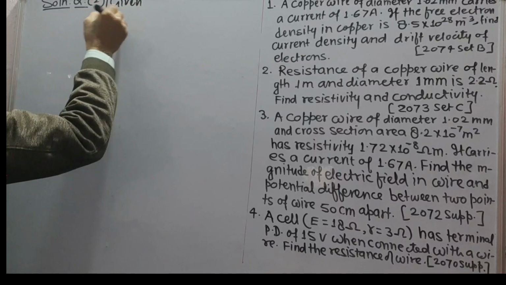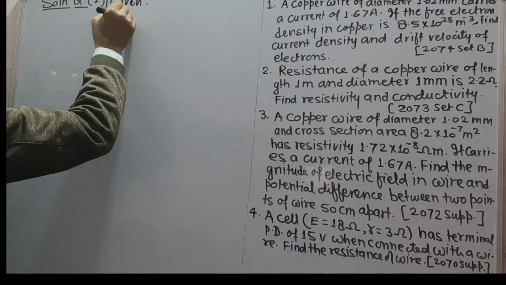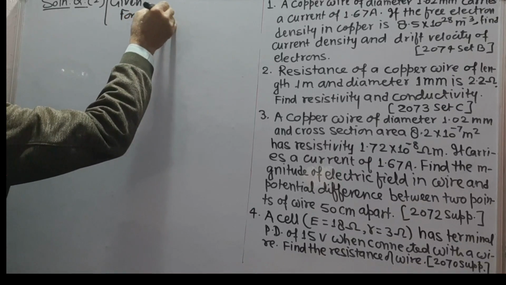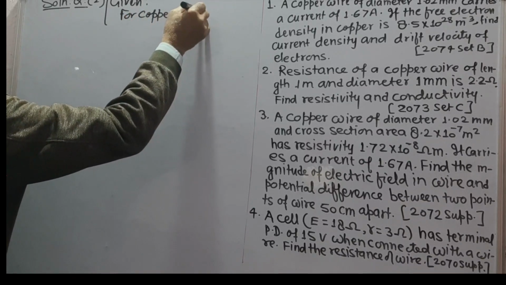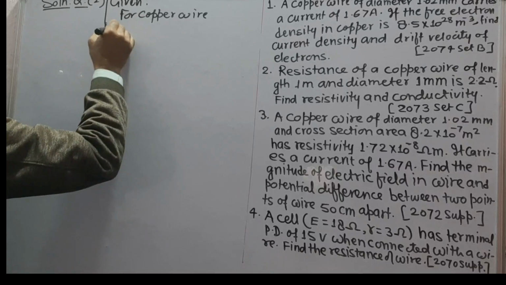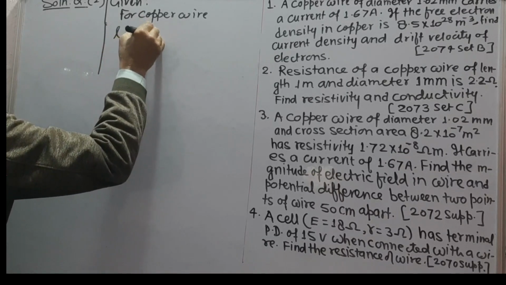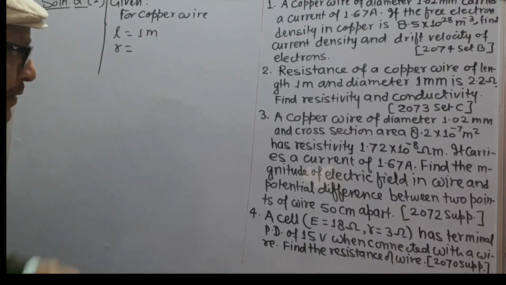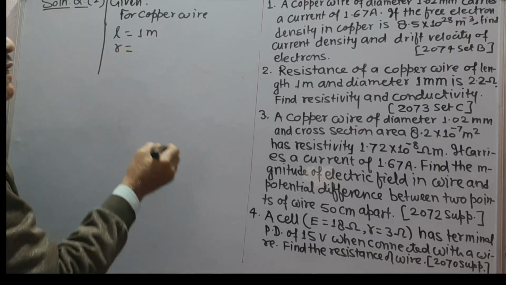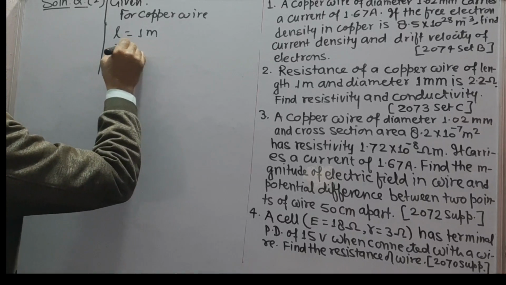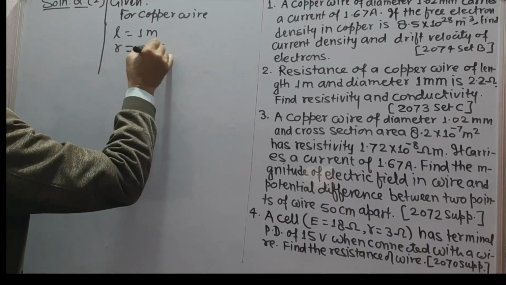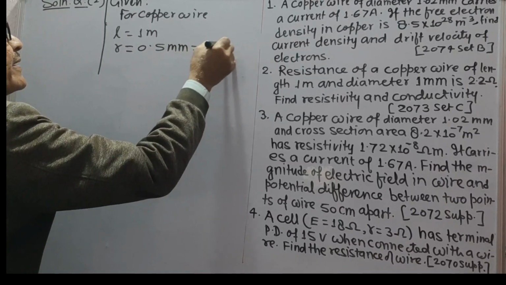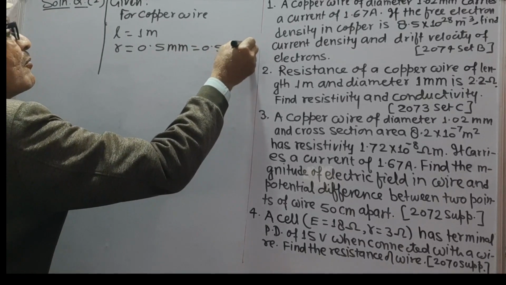Given, for copper wire, length is 1 meter, diameter is 1 millimeter, means radius is 0.5 millimeter, which is 0.5 into 10 to minus 3 meter.